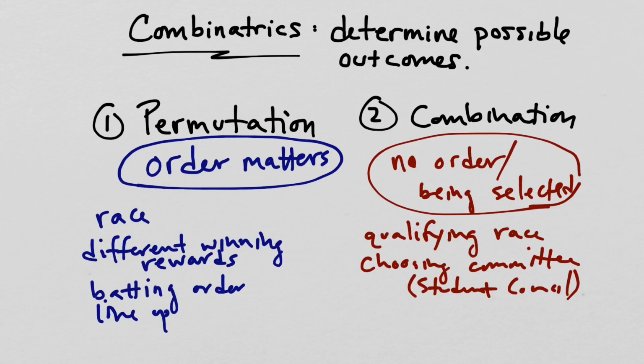All right, there's nothing that says if you got picked first for student council, then you are in a different level. It's not like saying if you're picked first, you're the president. If you're picked second, you're the vice president. Well, that becomes a permutation. All right, the combination would just be, hey, you got picked.